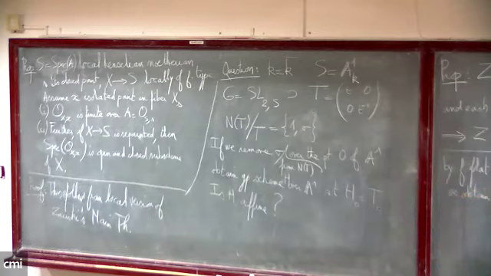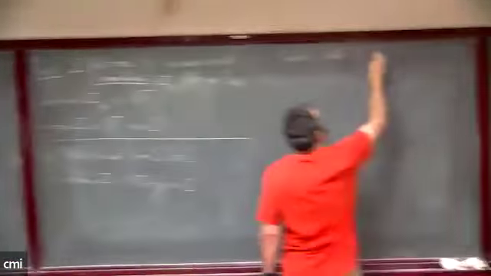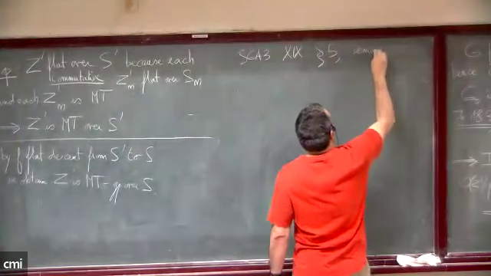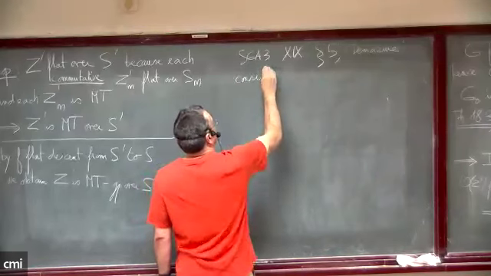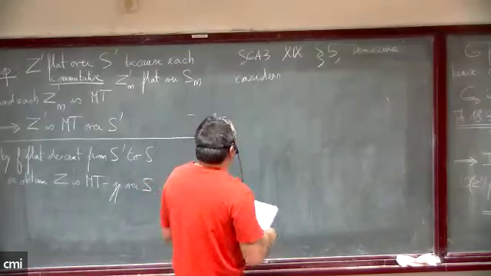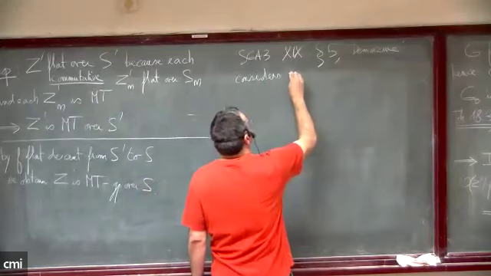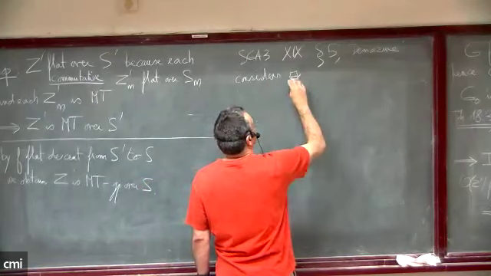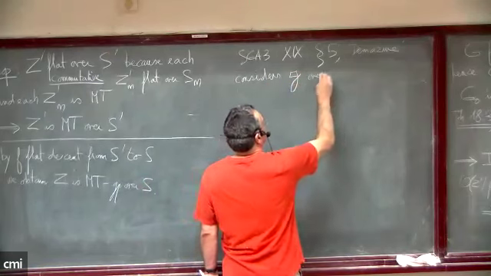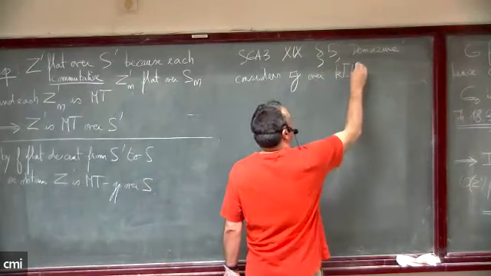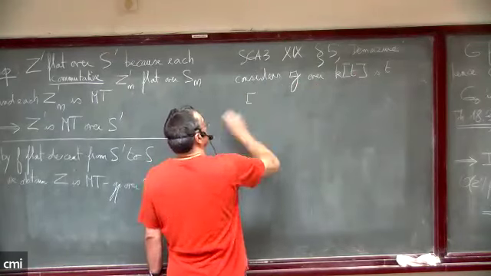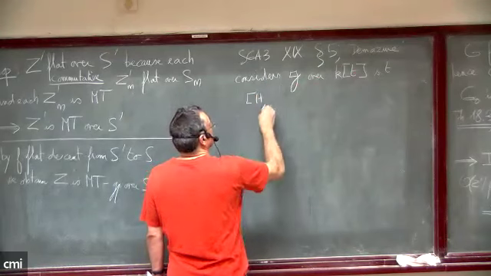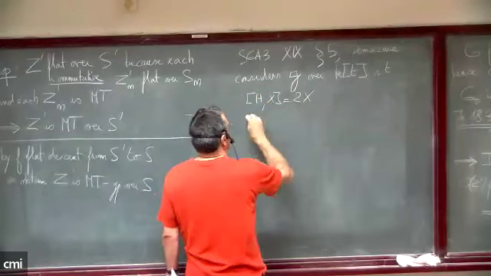So in SGA 3, exposé 19, he considers the Lie algebra G over K of T, so it's a version of SL2.